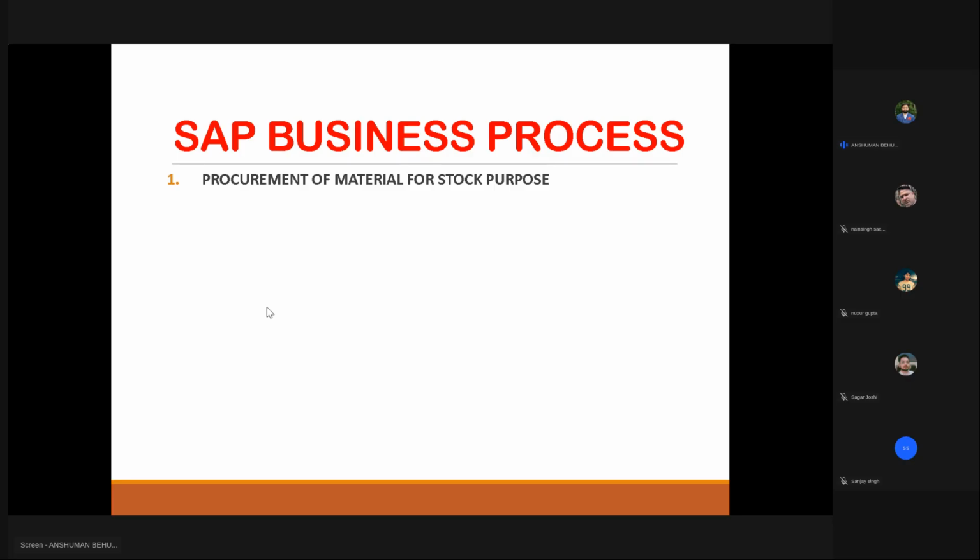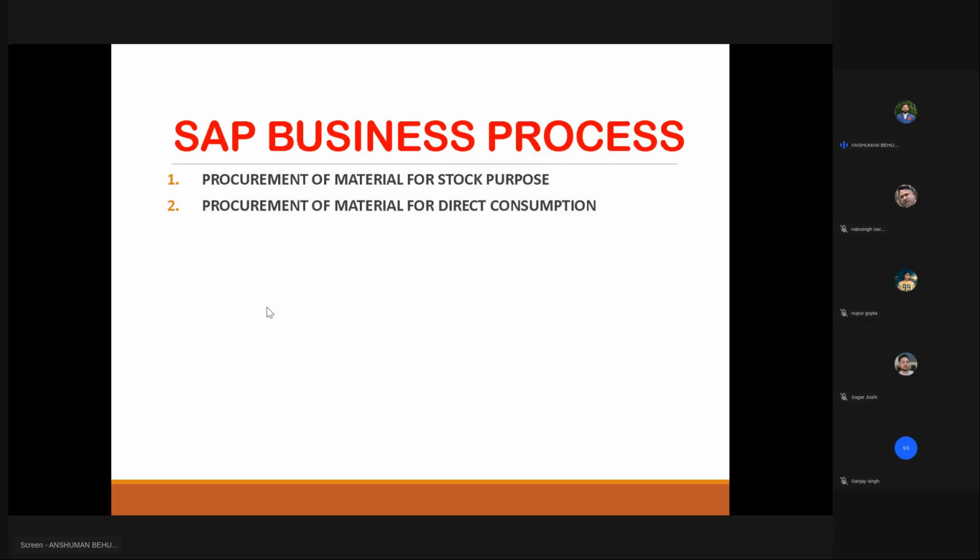Now the second type of procurement is procurement of material for direct consumption. There are some materials you are not going to store, you are going to consume them directly, like office supplies, maintenance materials, or safety equipment like hand gloves, masks, or safety goggles.